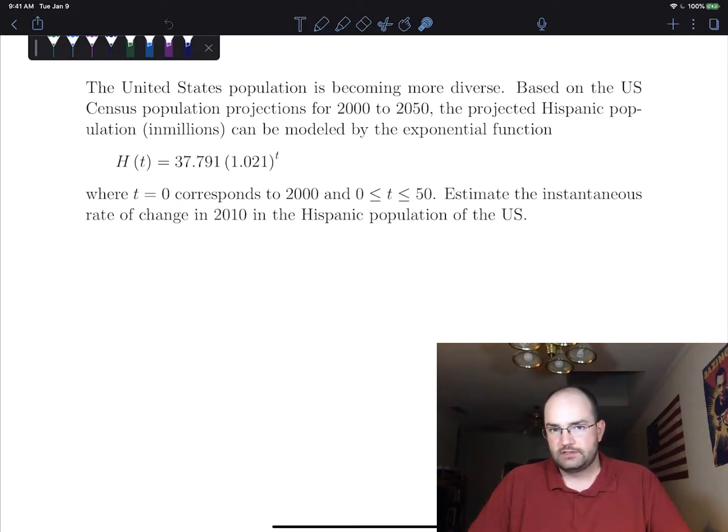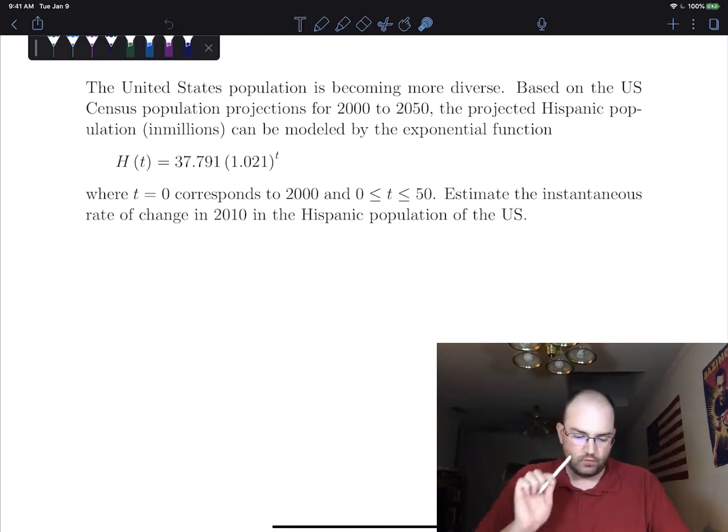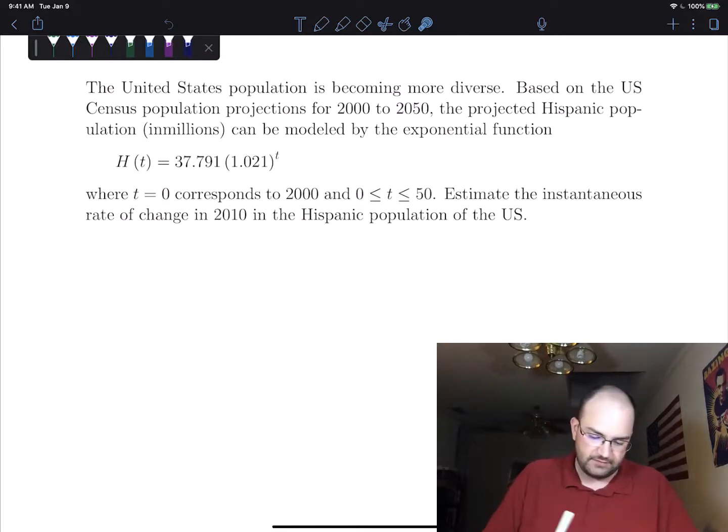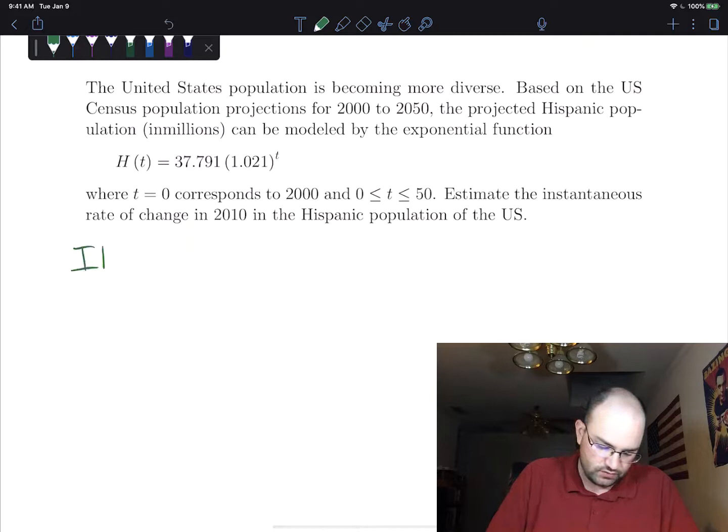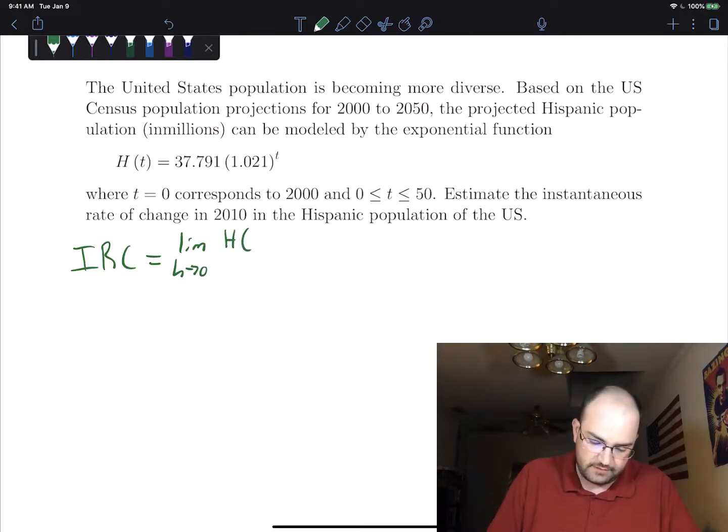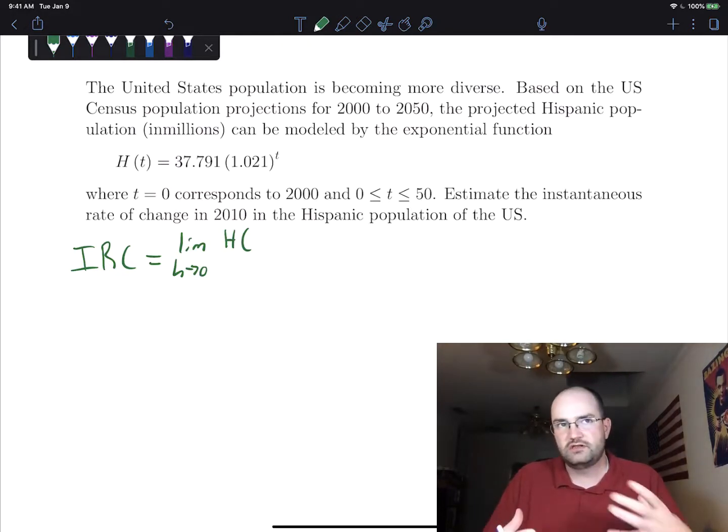Okay, so here's the thing. What we need to do is figure out the instantaneous rate of change. And the instantaneous rate of change, by definition, is the limit as h goes to 0 of H of the year and the independent value that we're working with here.